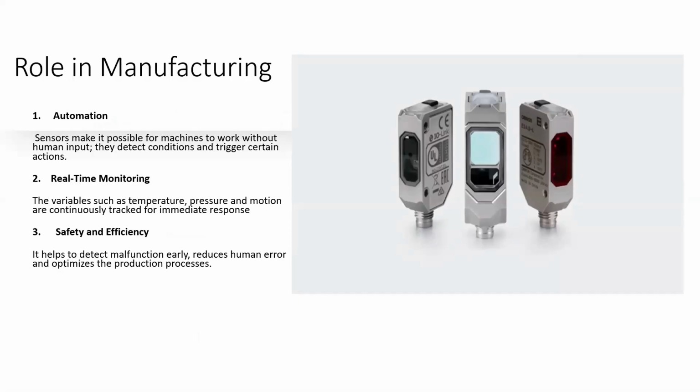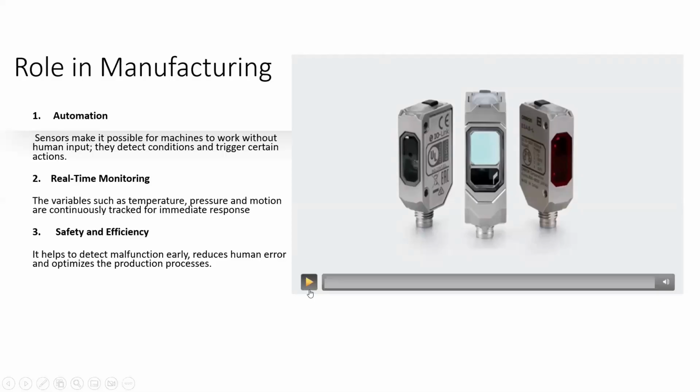In real-time monitoring, variables such as temperature, pressure, and motion are continuously tracked for immediate response. They are very effective for safety and efficiency. They help to detect malfunctions early enough, reduce human error, and optimize the production process.